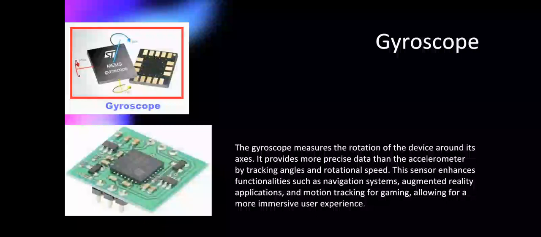By using the gyroscope sensor we can also rotate the screen, as it detects the device orientation and adjusts the screen display accordingly. In this image you can see the gyroscope sensor, and it also enhances functionality such as navigation systems, augmented reality applications, and motion tracking for gaming, allowing for a more immersive user experience.